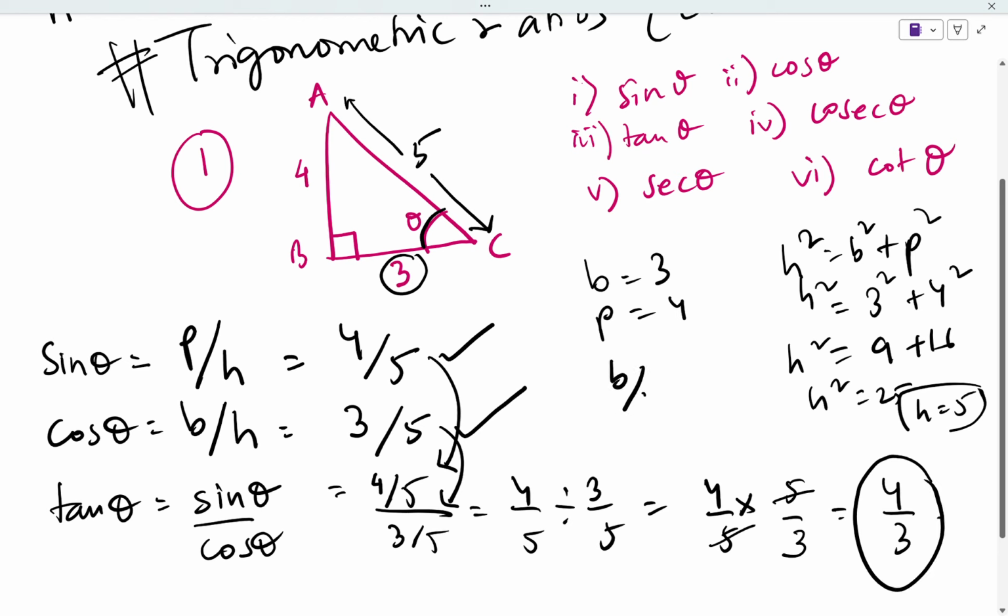And if you do it from base by perpendicular also, just a second, I think I have made a mistake somewhere. Sin theta is 4 by 5. Some people have, right? Yeah, 4 by 5.